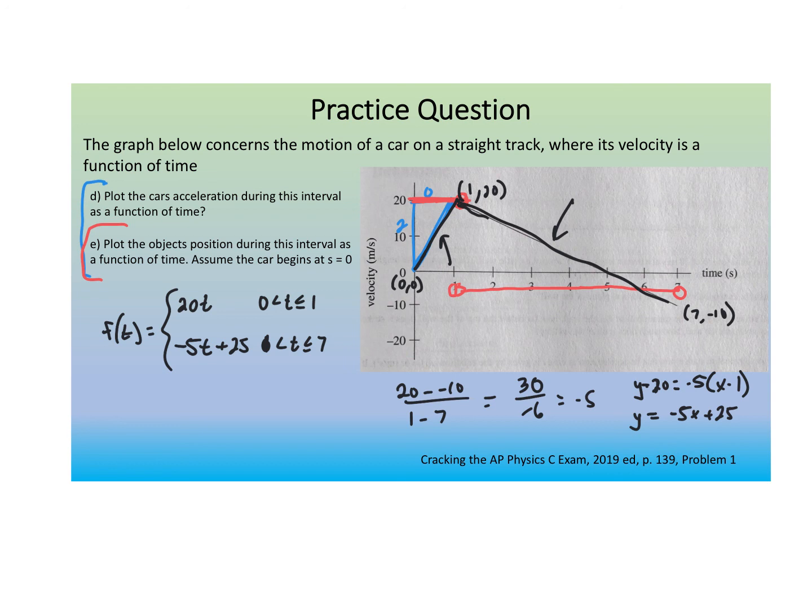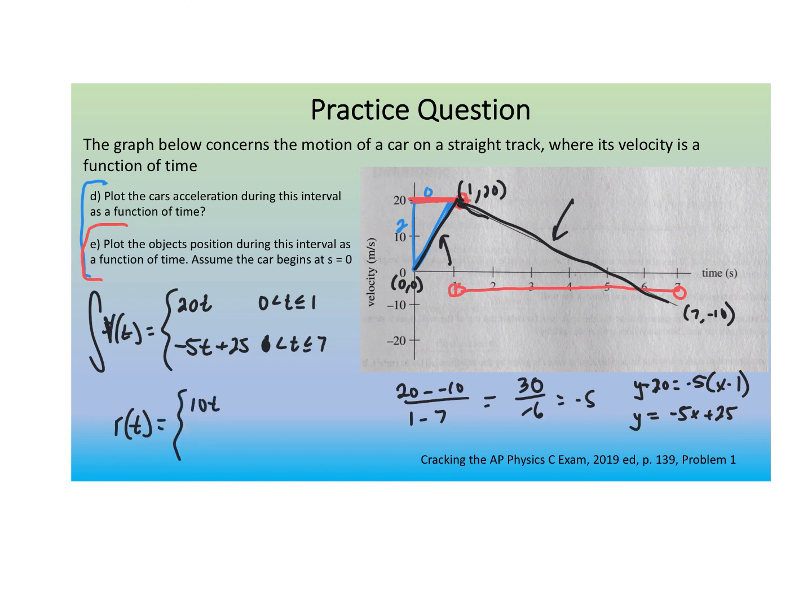And so if we want the position functions, we need to integrate these. So if we integrate f of t, we get our position function. I'm going to call it r of t, going from v of t to r of t.